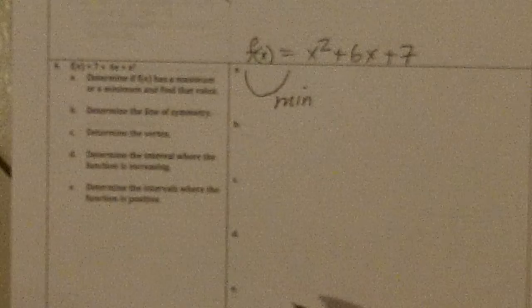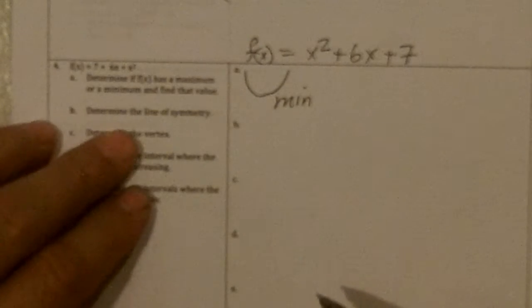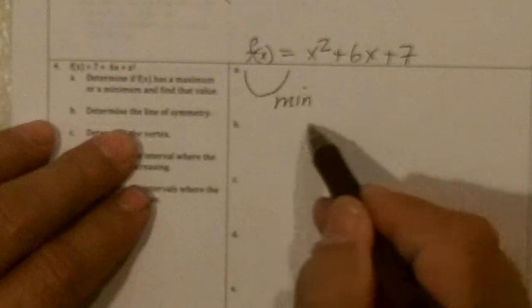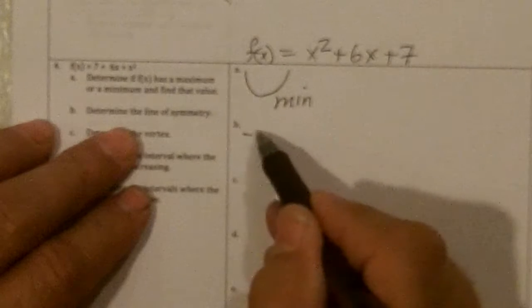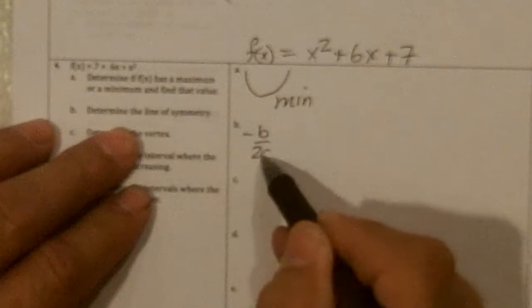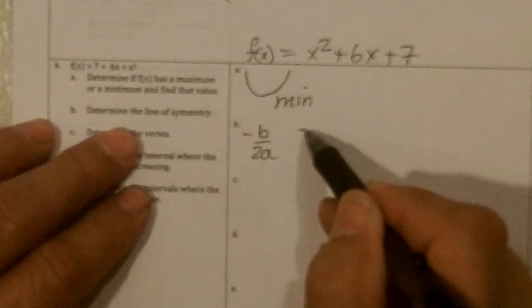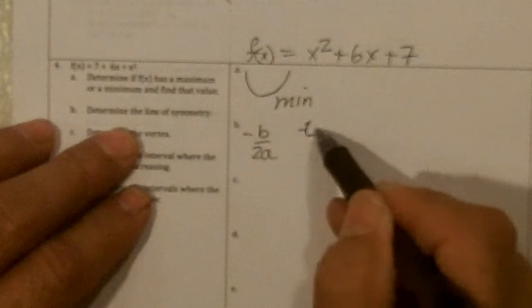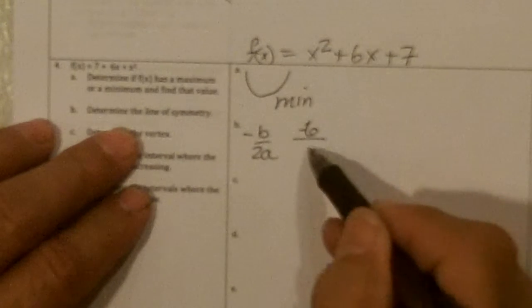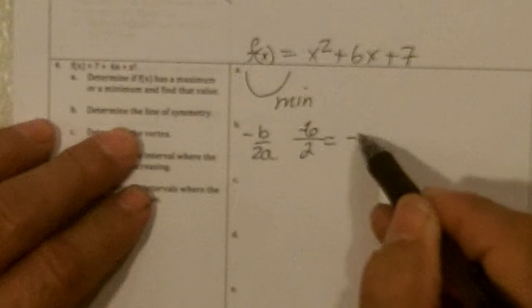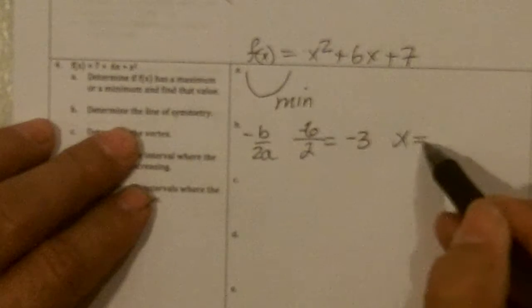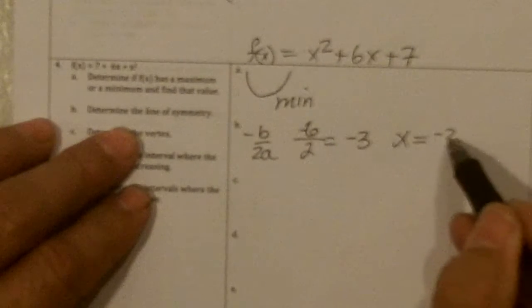Now that minimum is going to be on the line of symmetry, which is what part B asks, which is minus b over 2a, so it's the opposite of 6, -6, over 2 times 1, which is 2, so that's -3. So x equals -3 is the line of symmetry.